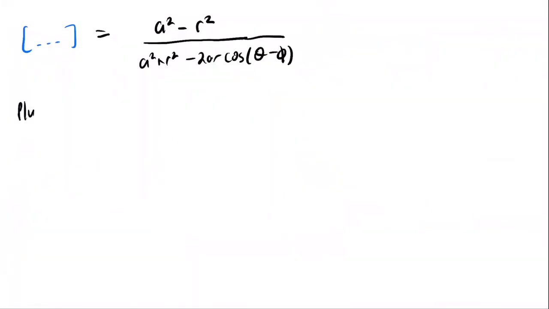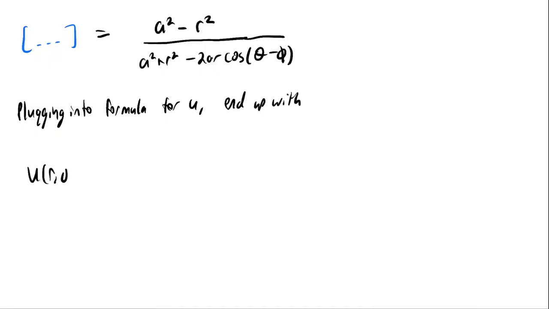Right, so plugging into our formula for u, we end up with u of r theta is equal to, well, the term a squared minus r squared doesn't depend on phi, so I can factor this out of the integral.